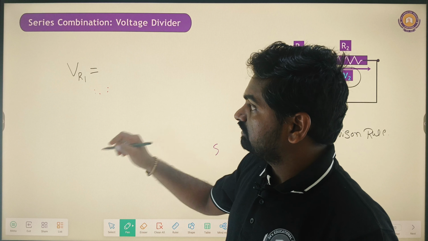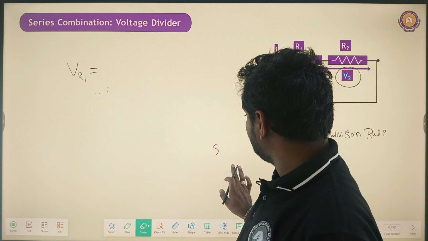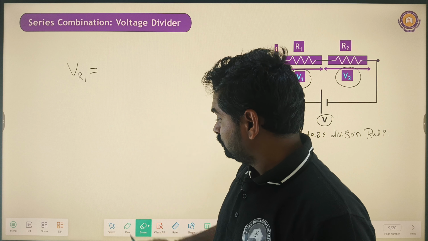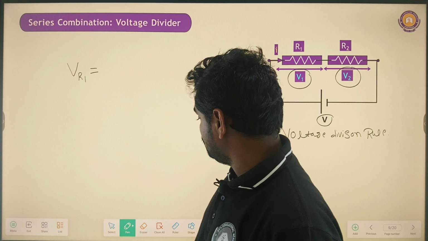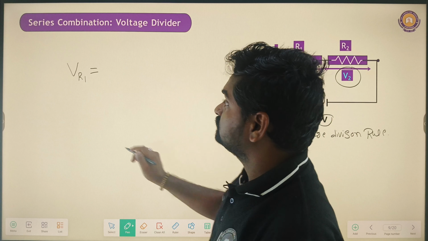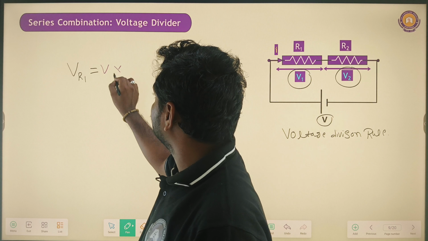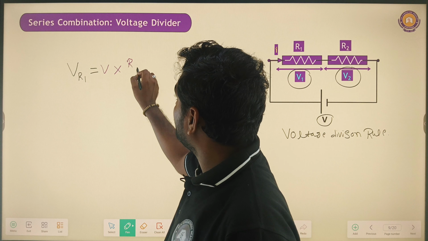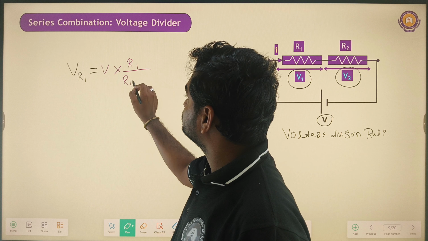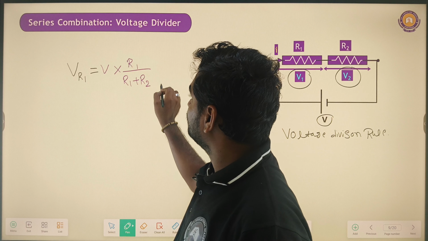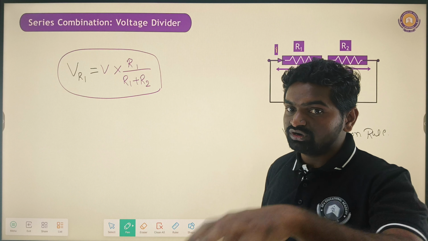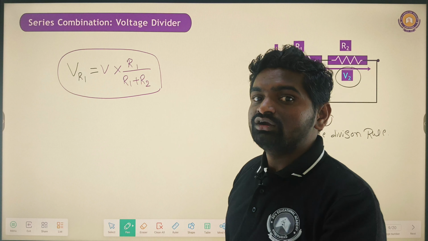Voltage at R1, VR1, is equal to total voltage, meaning battery voltage, into whatever resistance it is, R1, by total resistance. Voltage at R1 is equal to total voltage into same resistance by total resistance.